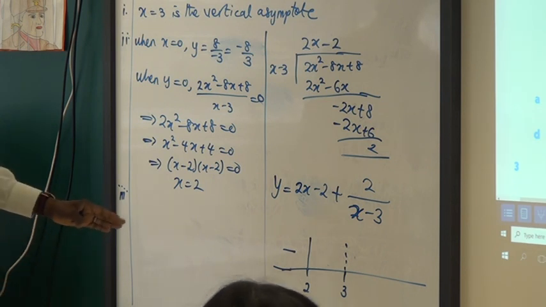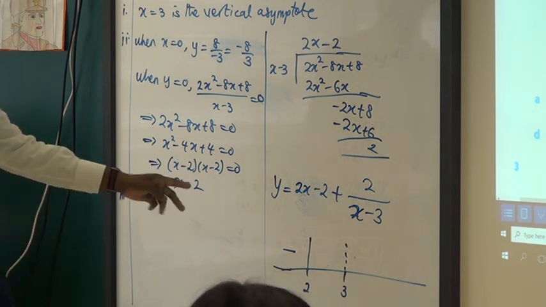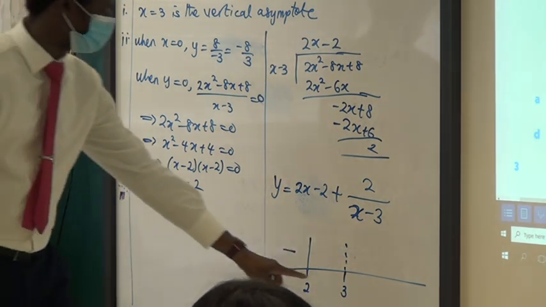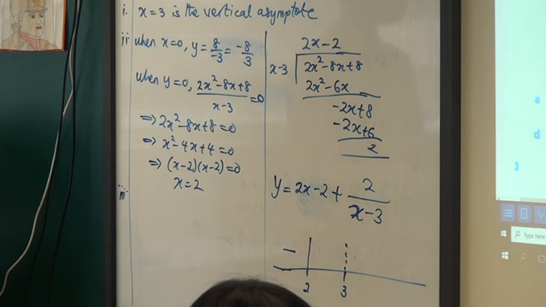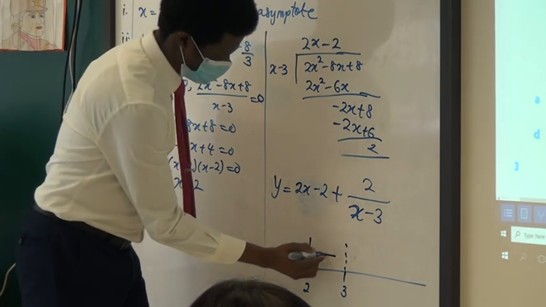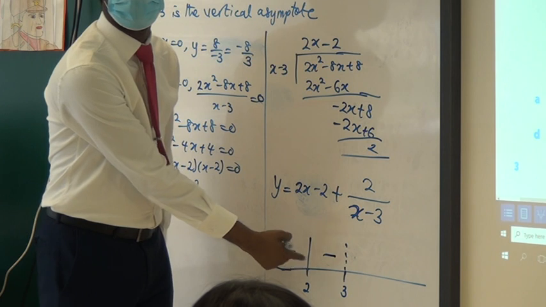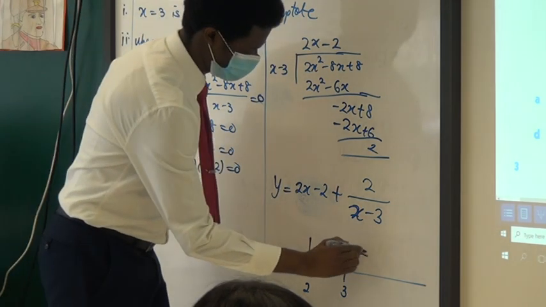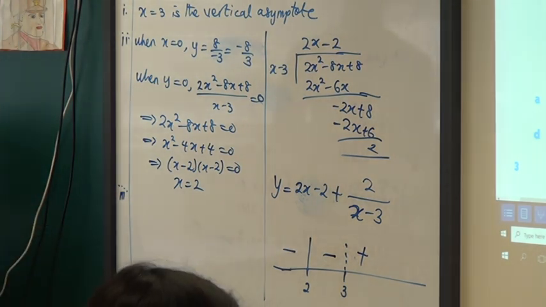Negative, negative, positive. Because 2 is the equal root. Check 2.5. What is the sign between 2 and 2.5? It's negative. So I guess because of the equal roots, that one plus is kind of absurd. That's weird. Anyway, and this is positive. Everybody clarify that?